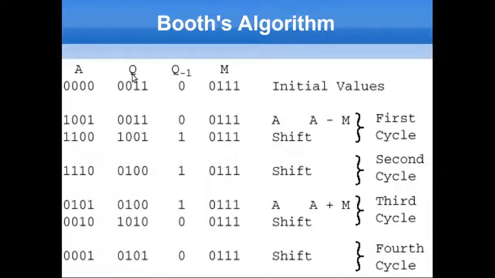In order to determine whether we are going to add to the value stored in A, or to subtract from the value stored in A, or to do nothing other than a shift, we need to compare two variables.